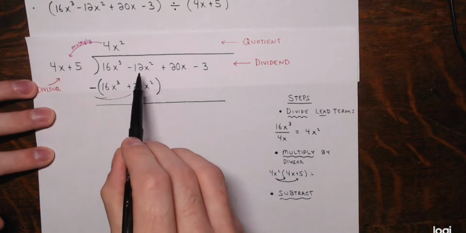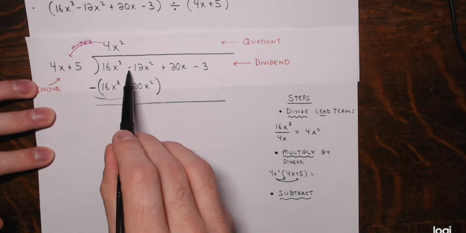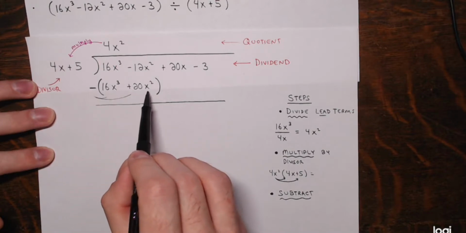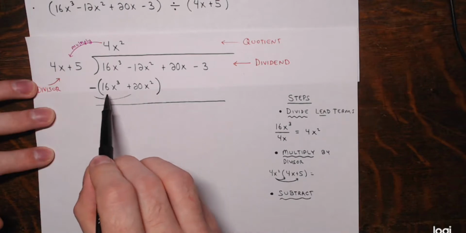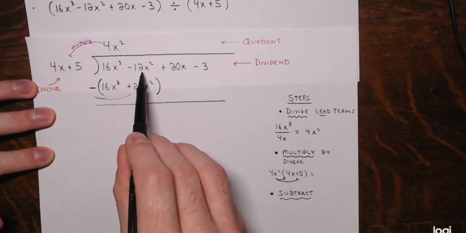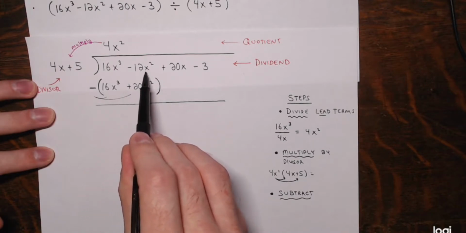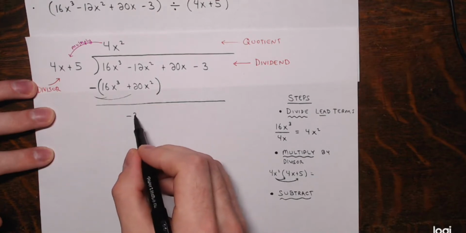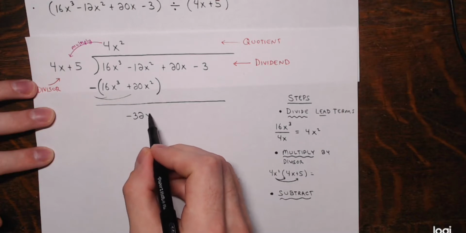Then for the x squareds, negative 12x squared minus 20x squared. You're subtracting every term from the line above it. Negative 12x squared minus 20x squared would be negative 32x squared.